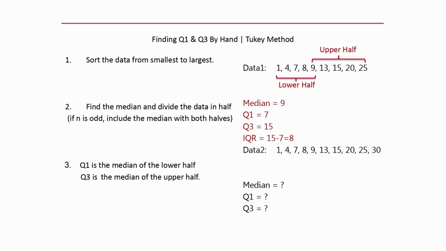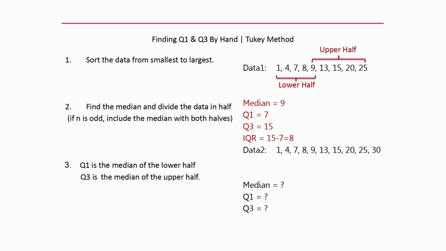So here in dataset 1, I have ordered them. There are an odd number of data points, so 9 is the median exactly. But if I was to split that dataset in half, which half would 9 be in? Or should we exclude it altogether? And the answer for us is we are going to include it in both the upper half and the lower half. The last step to find Q1 and Q3 is to simply find the median of those halves.